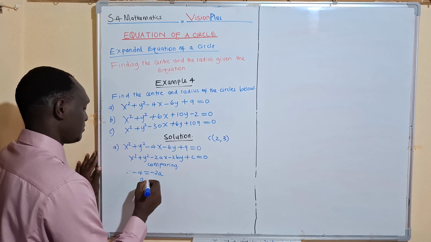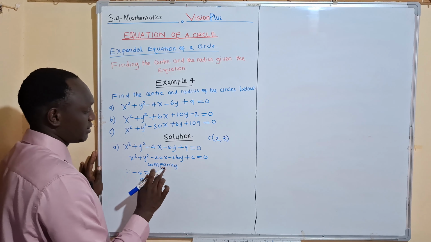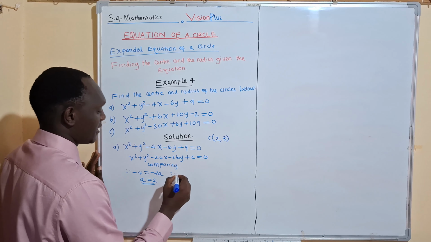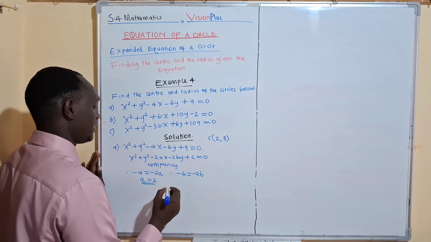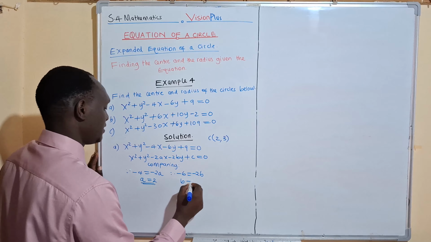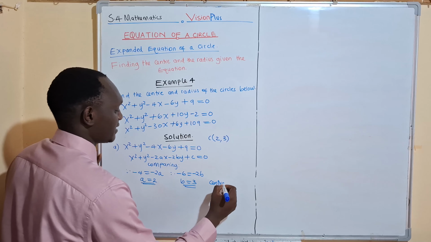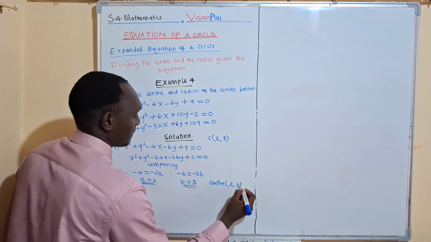In this case, a becomes positive 2. In the same manner, negative 6 corresponds to negative 2b. Divide by negative 2, we find that b equals positive 3. So this gives us the coordinates of the center (a, b), which is (2, 3).